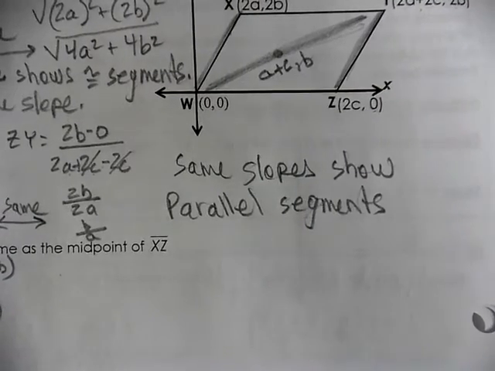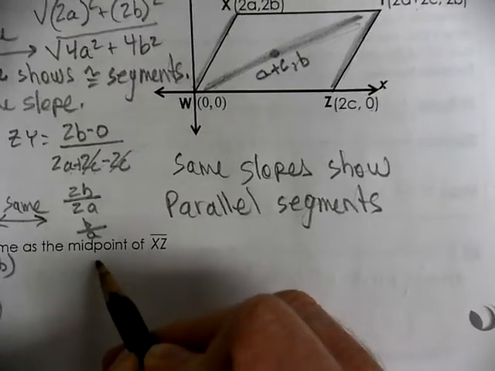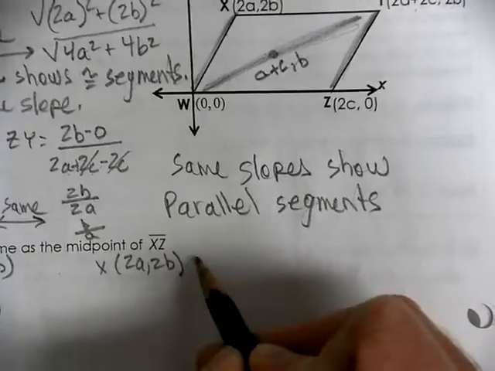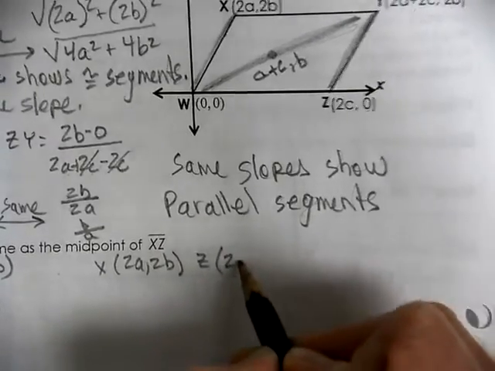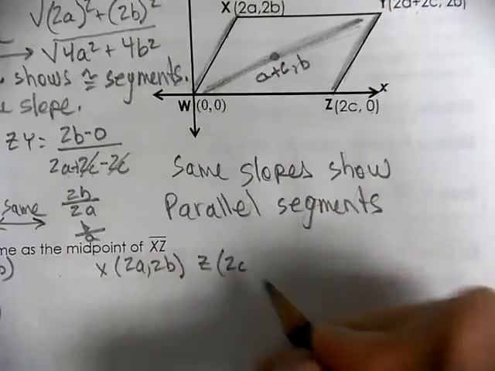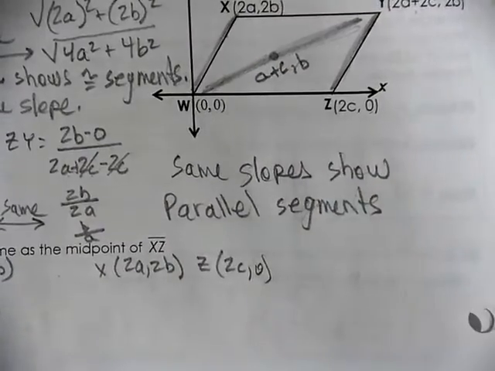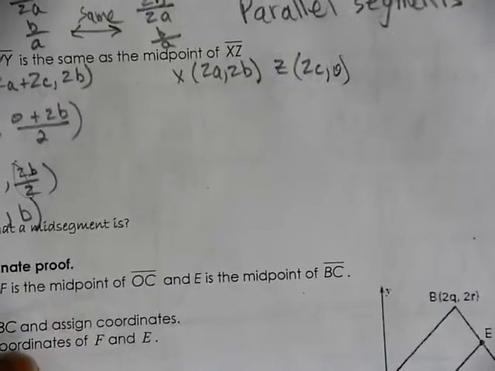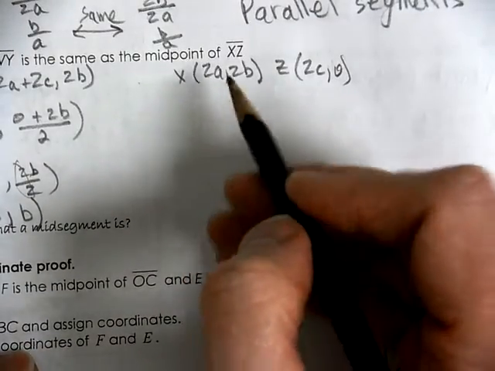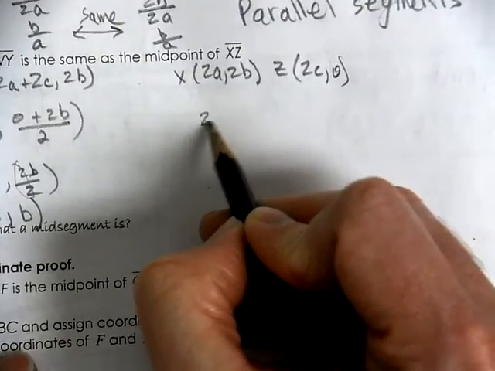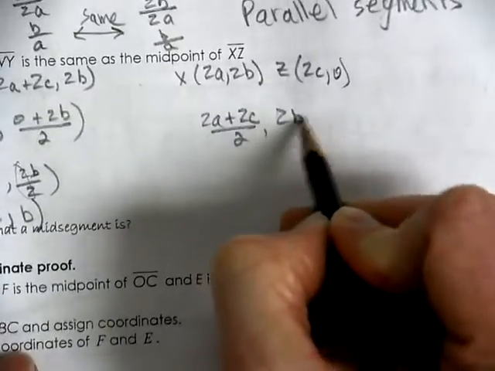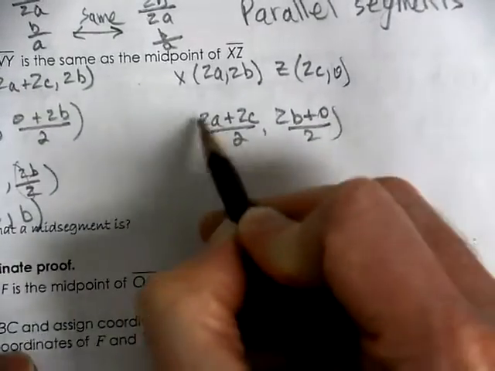And we can find the other midpoint. The x-coordinate is 2a, 2b, and the Z coordinate is 2c, 0. Alright, so we'll do our midpoint again. Take your x's, 2a plus 2c over 2, and 2b plus 0.